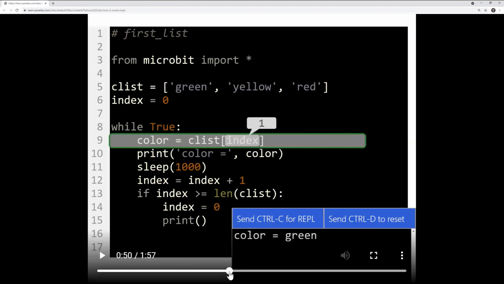Then we go back. Now index is 1, so CList of 1 sends us to grab yellow from CList and copy it into the variable named color. See how this presents how the code is working out? Does that seem like it's going to be a useful teaching tool for getting across that computer science idea of lists?